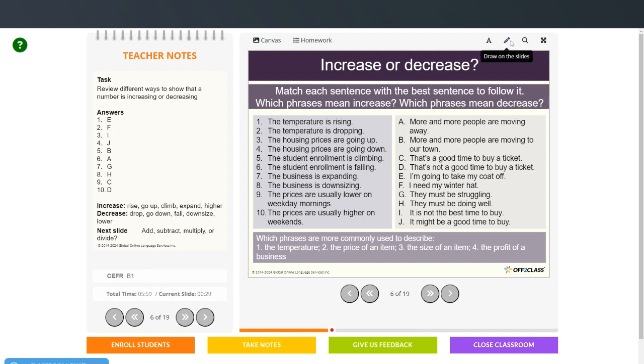All right, so here we have the temperature is rising. Rising means an increase. So the temperature is rising. I'm going to take my coat off. The temperature is dropping. So dropping is a decrease. I need my winter hat.